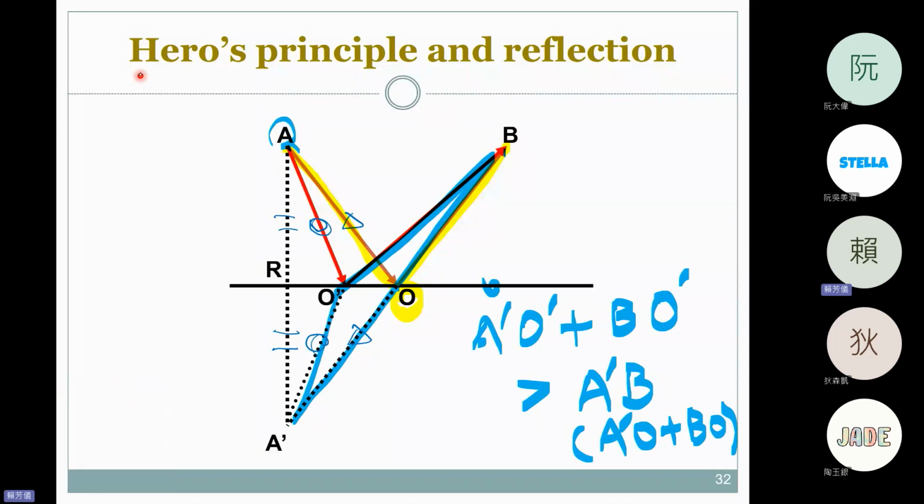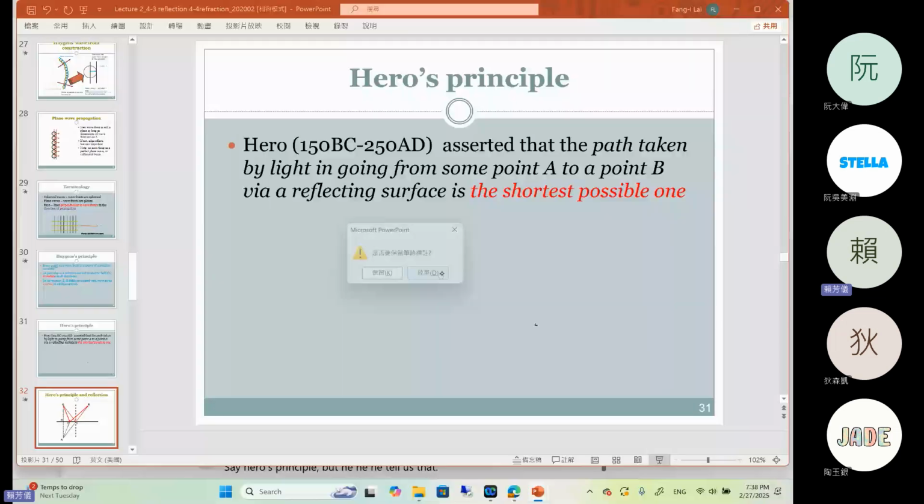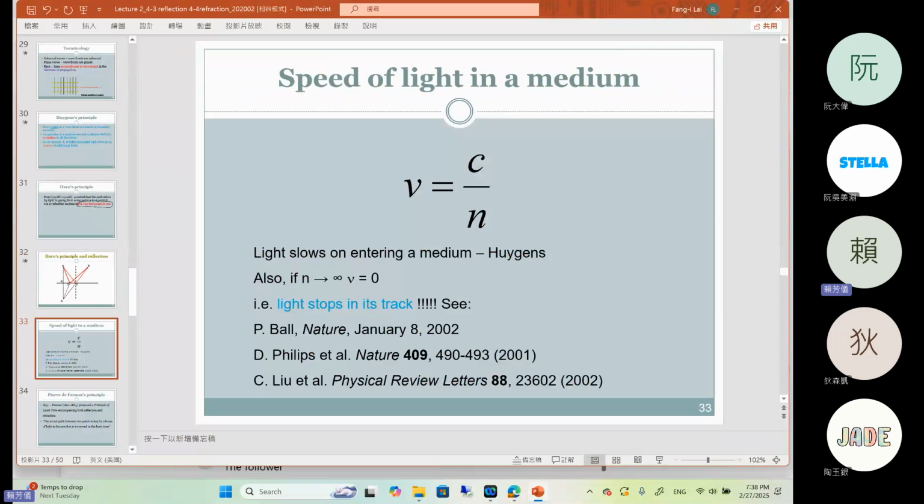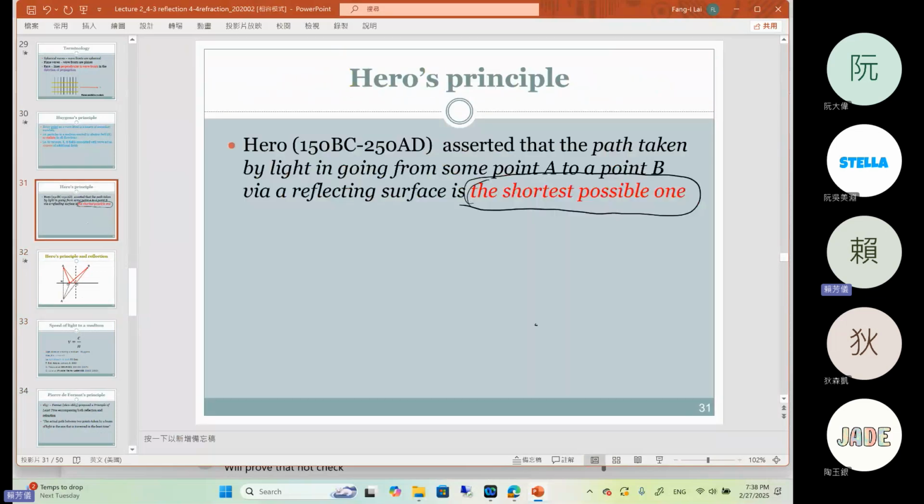This is Hero's principle, which tells us that the light will go the shortest way possible. But actually Fermat will prove that it does not take the shortest way. It should take the way that spends the shortest time. Okay, later we will see.